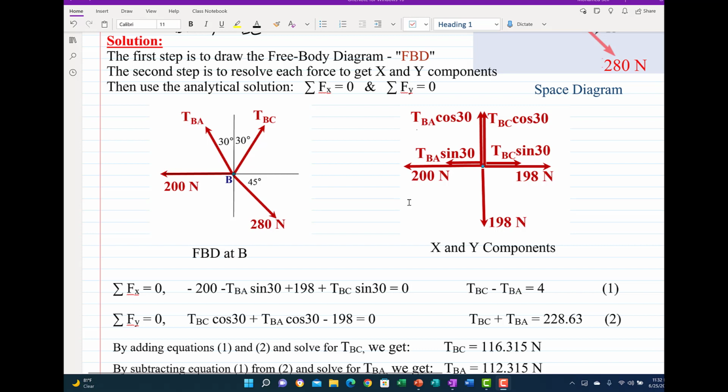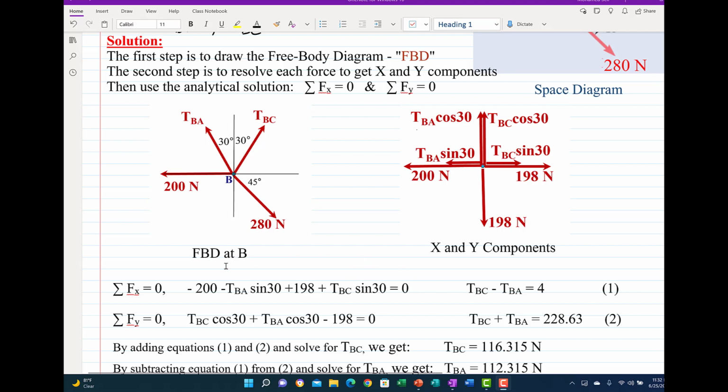The methodology of solution in the next step is sigma forces in X equal to 0. So here are the 4 forces in the X direction: minus 200, minus TBA sine theta, plus 198, and plus TBC sine 30.